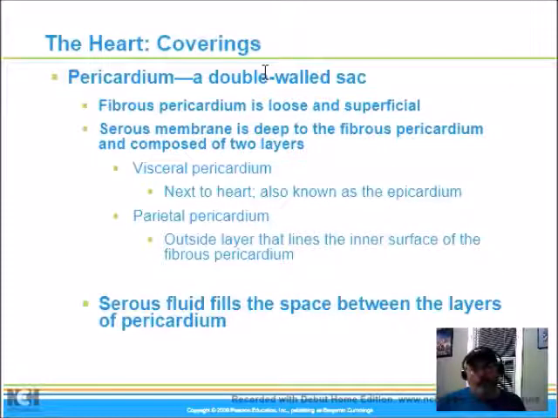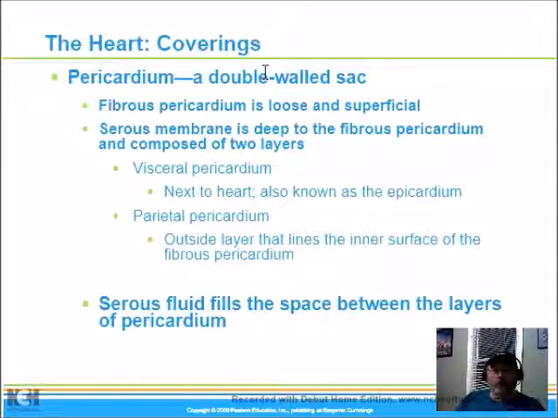The heart has a covering. We've talked about epithelium, endothelium, things like that in the past when we were going over some of the materials in chapters 3 and 4. So the heart has a covering. It's called the pericardium, and it's a double-walled sac.